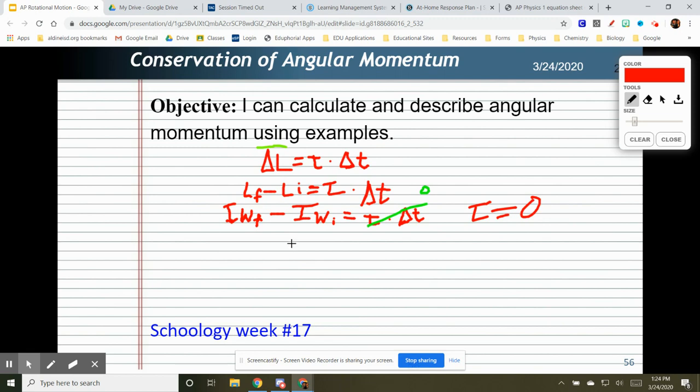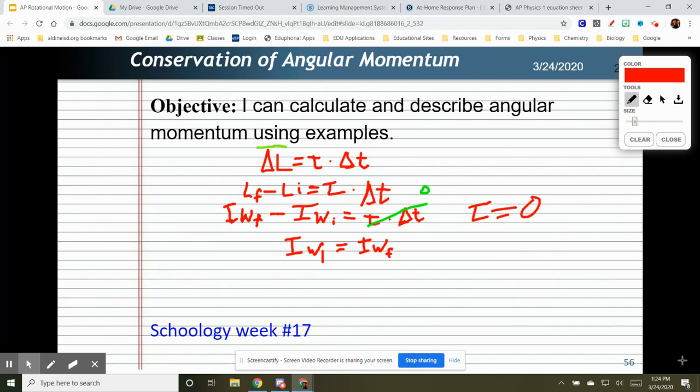Moment of inertia times angular velocity initial equals moment of inertia times angular velocity final. Okay, that means if there's a change in your moment of inertia, which is, remember, your resistance to rotate, or there's a change in your angular velocity, then that can provide different changes as well.